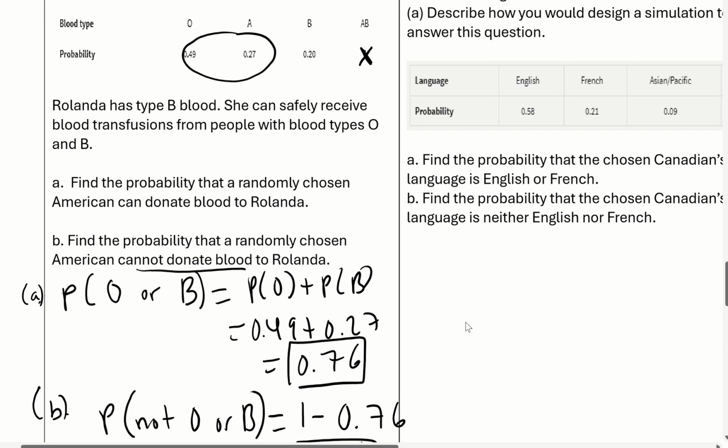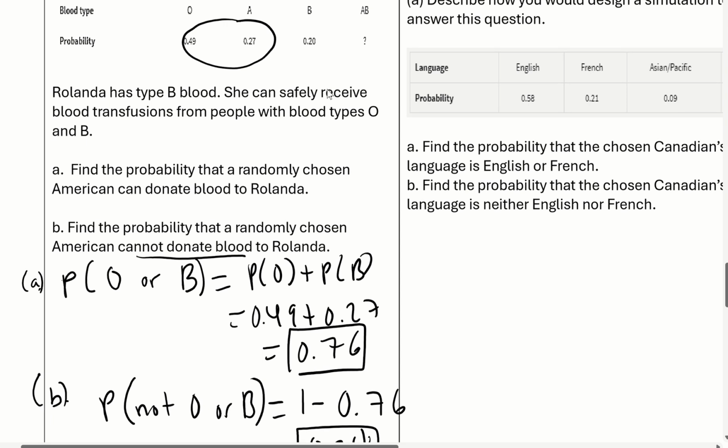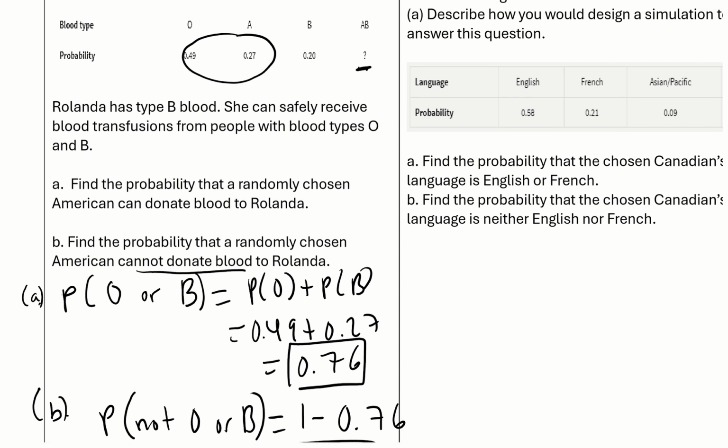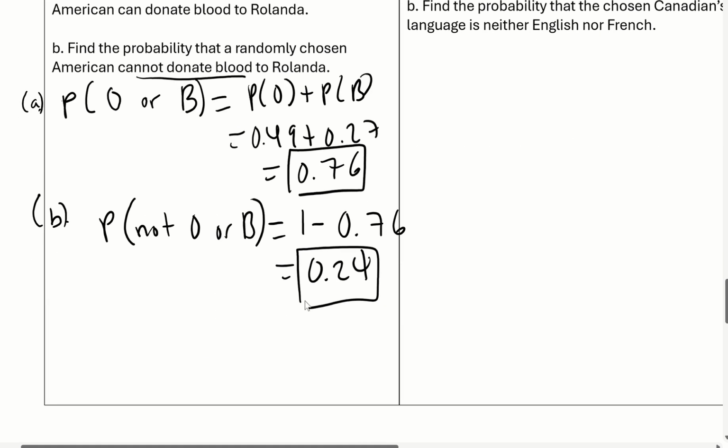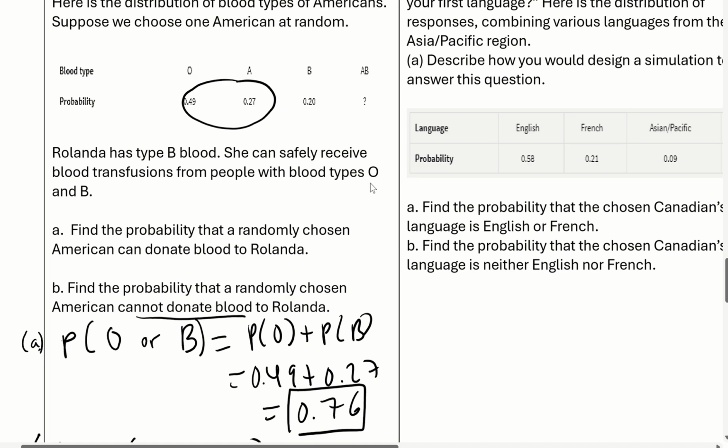Okay, so basically you just got to add. I didn't even realize that they didn't give you that. But we can easily find that because the probabilities had to add up to 1. However, you don't really need that. You don't really need the question mark to answer this particular question. So 0.76.